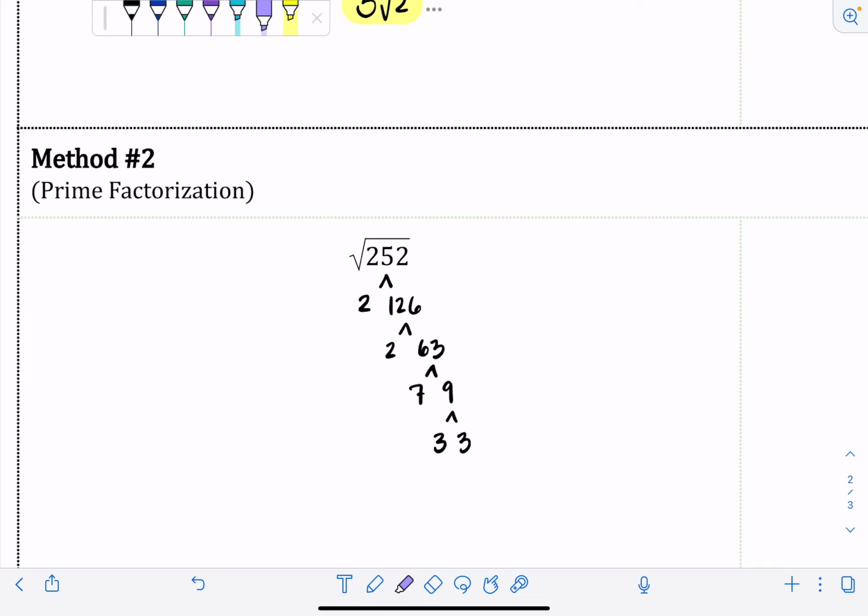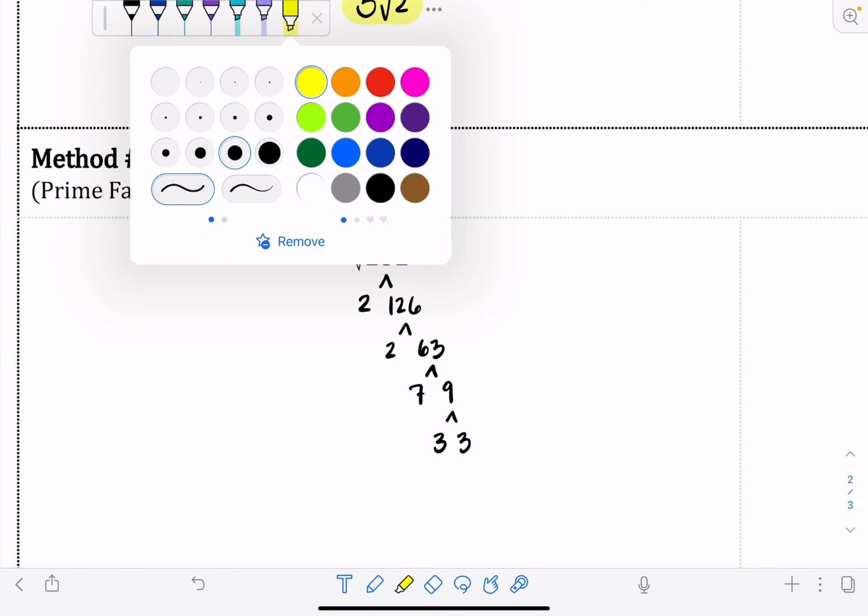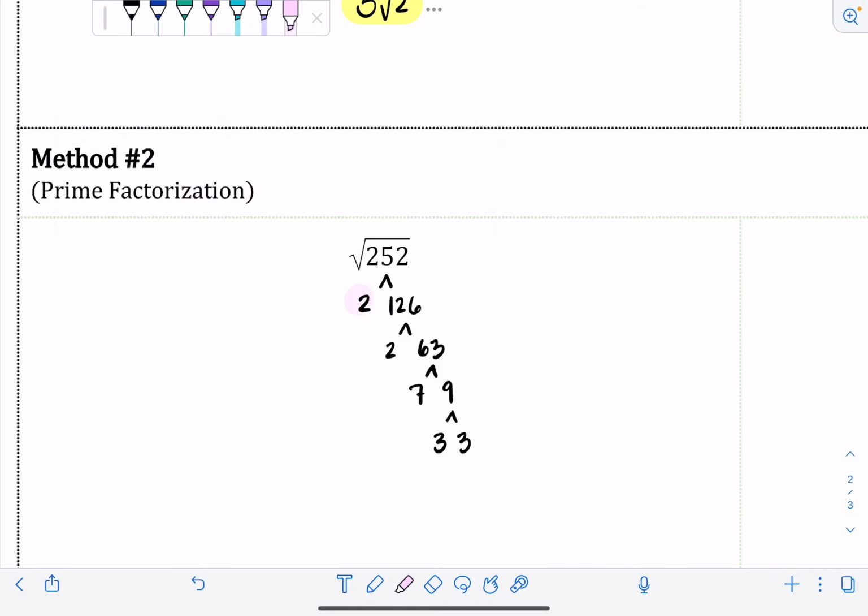It's probably easier just to leave those highlighted. I have the 2, 2, 7, and the 3s. So for my pairs, I have a pair of 2s, and then I have a pair of 3s. And any number that I have a pair of gets to come out of the radical. So I have a 2, I have a 3, and those both get to come out.